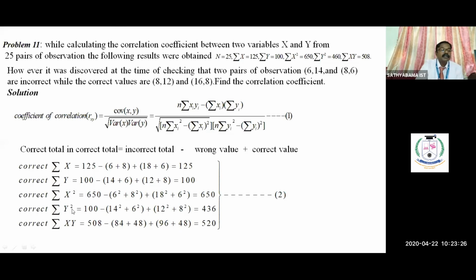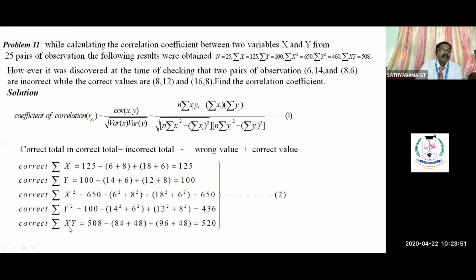Sigma y square is 100 minus 14 square plus 6 square. Same way for the variable y, sigma y square: the incorrect is 100, and here minus 14 square plus 6 square. Okay, so we are calculating this value by subtracting and adding, and getting 436.